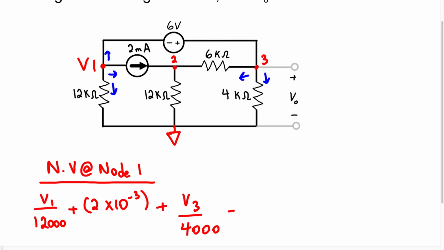And then we're going to have plus V3 minus V2 over 6,000. And all of that is going to equal 0. Right? So really, this isn't a node voltage at node 1 anymore, but it's really a node voltage at the supernode.